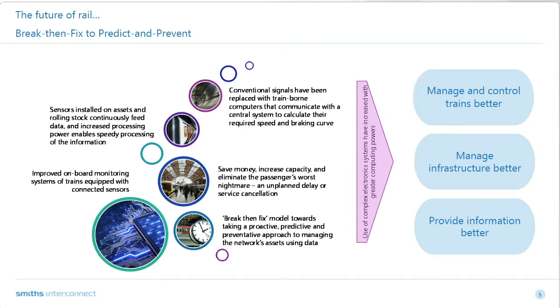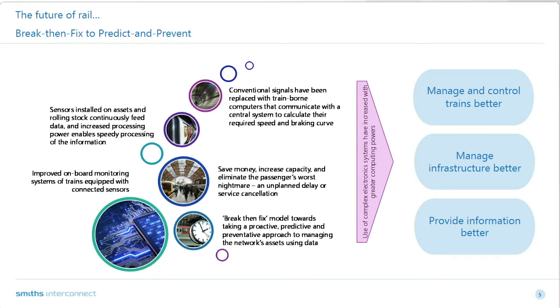Just above that, someone said sensors installed on assets and rolling stock continuously feed data and increase processing power, enabling speedy processing of the information. On the right, someone made a comment: conventional signals have been replaced with train-borne computers that communicate with a central system to calculate their required speed and braking curve. Then you see save money, increase capacity, eliminate the passenger's worst nightmare, an unplanned delay or service cancellation.